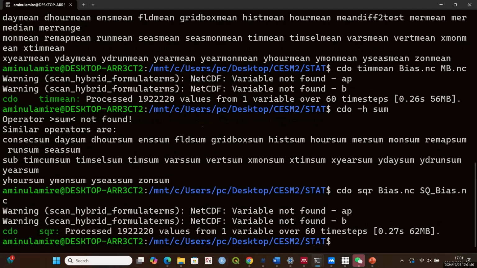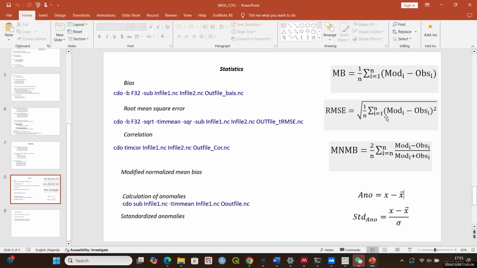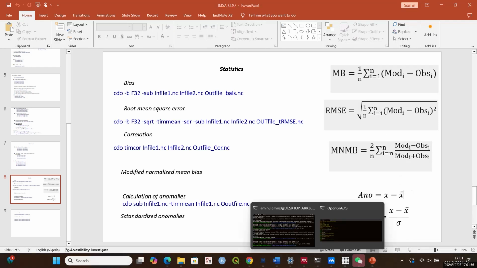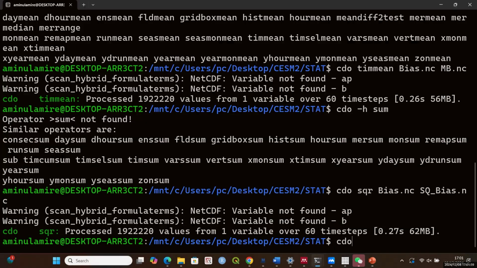Then what's next? We go back to our formula. What's next is to calculate the mean, the mean of the squared bias. So we come back here and we do CDO timmean SQ.